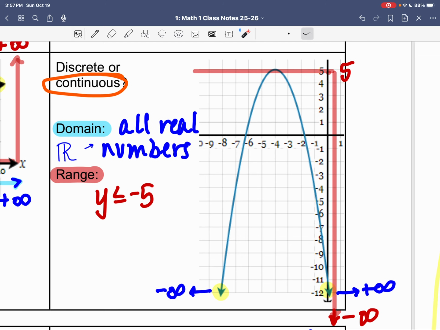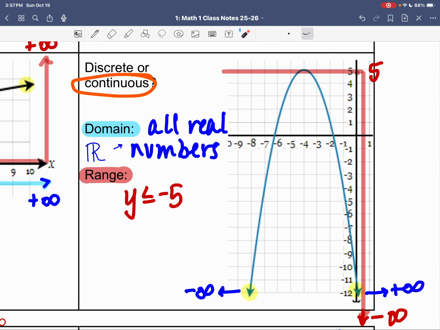All right, now this one is a different one. Well, we're building on what we did with the other one. So first off, it's continuous because it's not individual points. Now again, look at your arrows at the end.